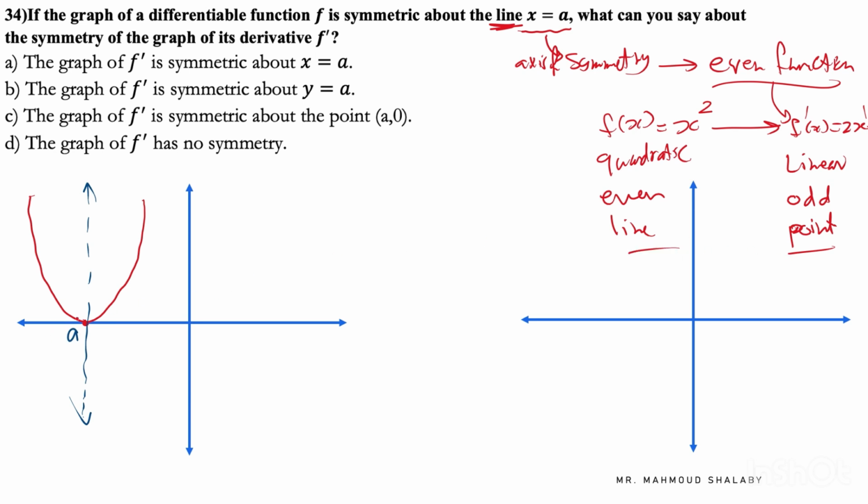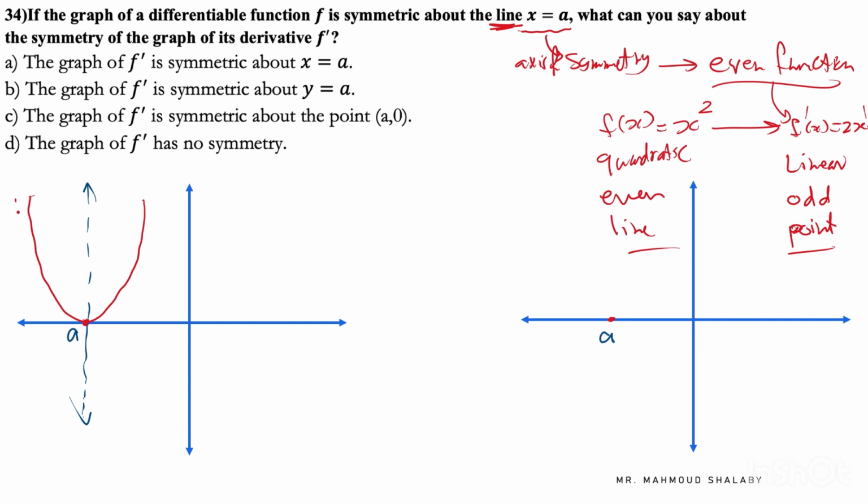So what will happen if I want to draw the derivative of this one on the other graph here? If you remember, it's decreasing. So I will come from the bottom here. Before we start, if I have a critical point here, a minimum or maximum, I will place it on the x-axis, and this will be the same point as A on the other graph, right?